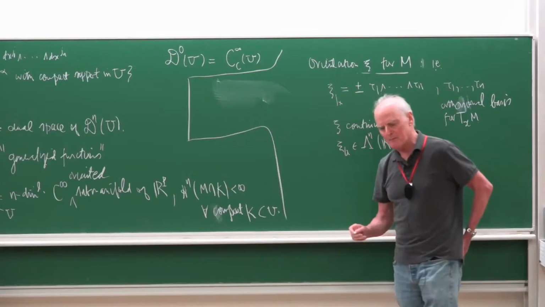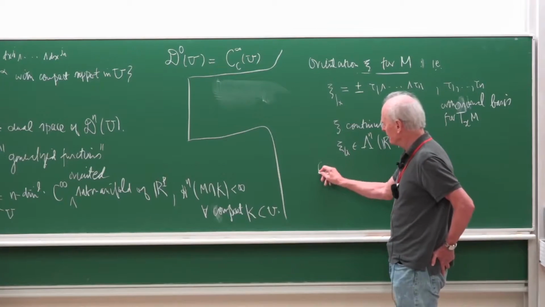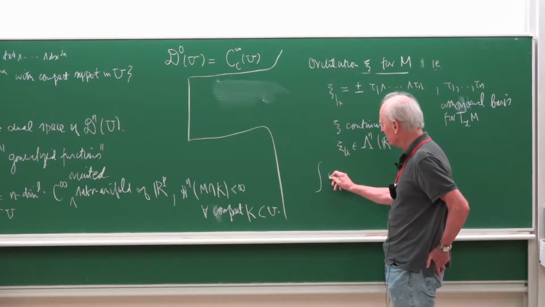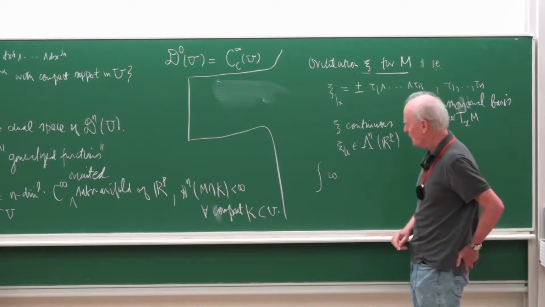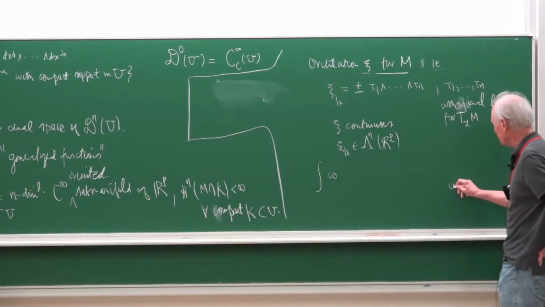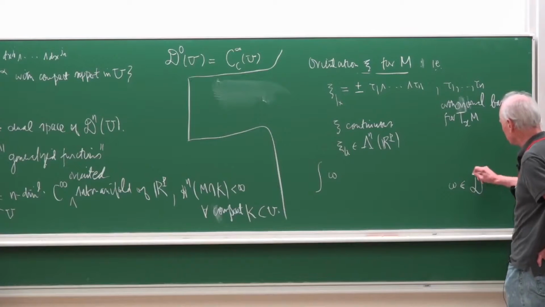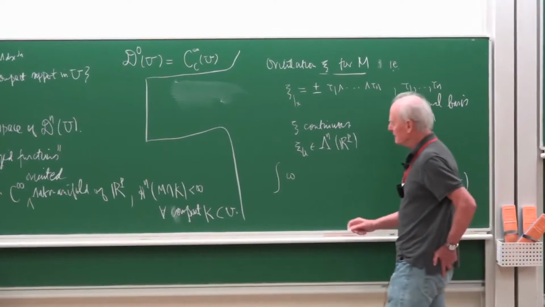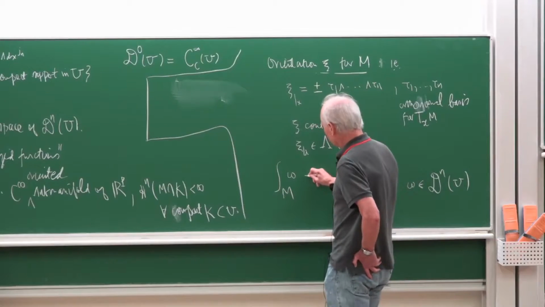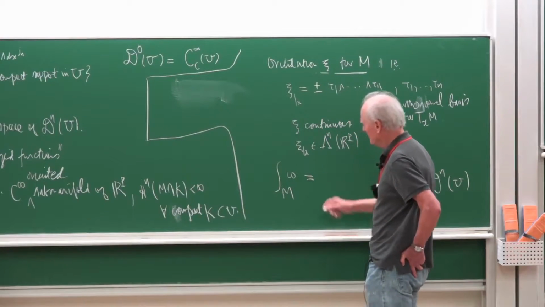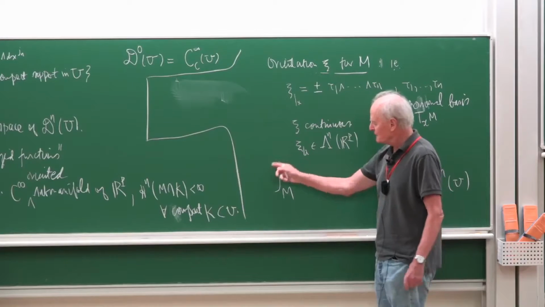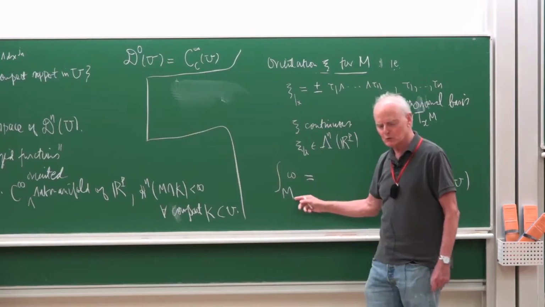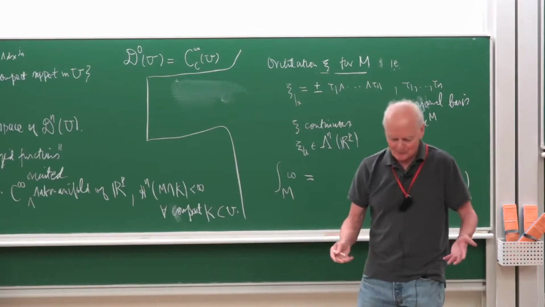Now remember that for such an oriented manifold, you can integrate an n-form with compact support. So here omega is any n-form with compact support in U. Namely, the integral over M of omega means, well, you may have seen a treatment of this in differential geometry. It always totally bemused me.